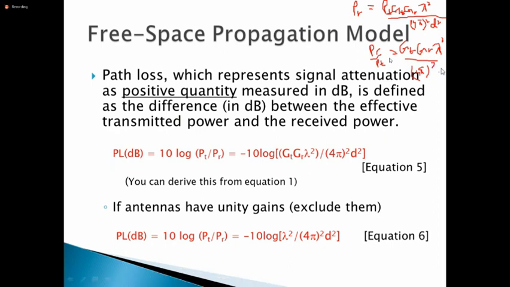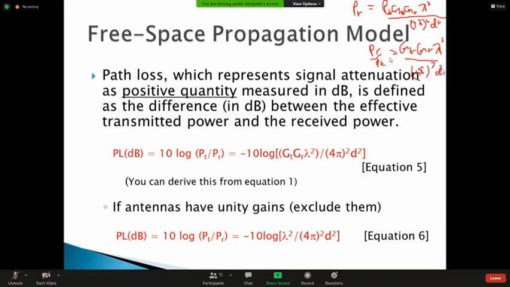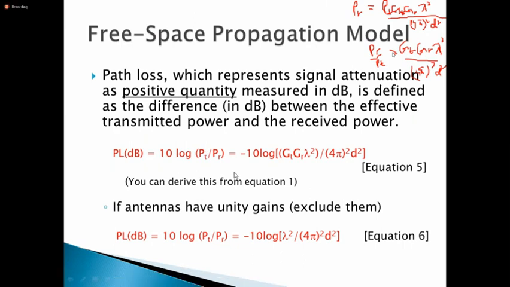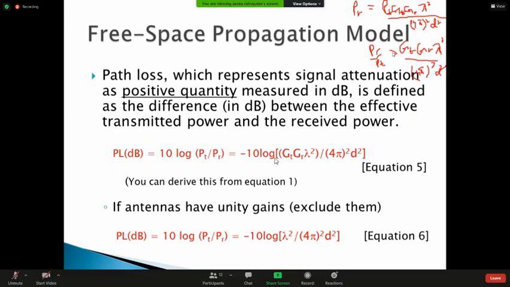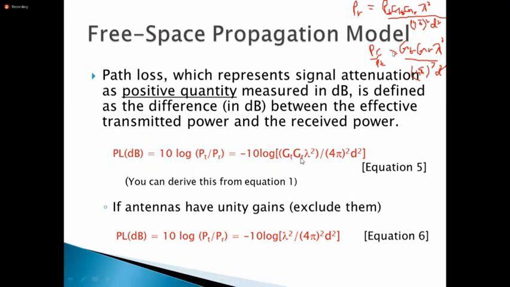Okay, then we need to consider this in decibel scale. හරිද? මේක decibel වලට හැරෙවුවාම 10 log PT divided by PR is negative 10 log GT GR whole square divided by 4 pi square d square.